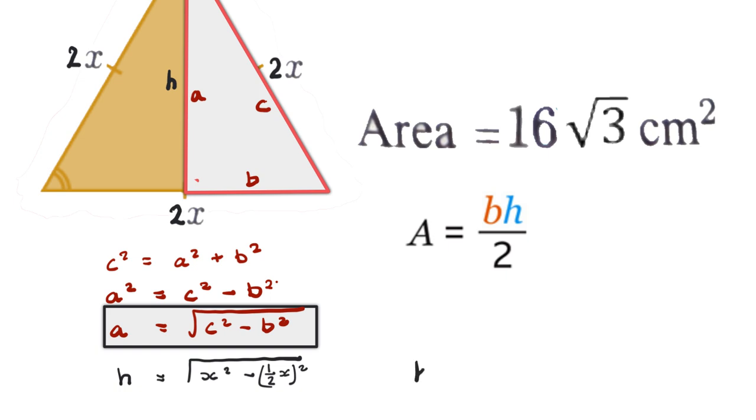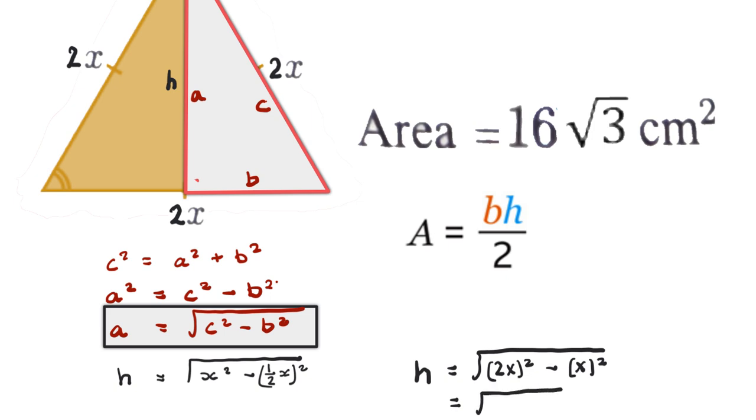So let's start again. My h value therefore now is going to be the root of, but this time c is going to be 2x all squared, and the b value is just going to be x. I don't have any fractions anymore. I prefer that. Not that the other way was wrong, but I just prefer doing it this way.